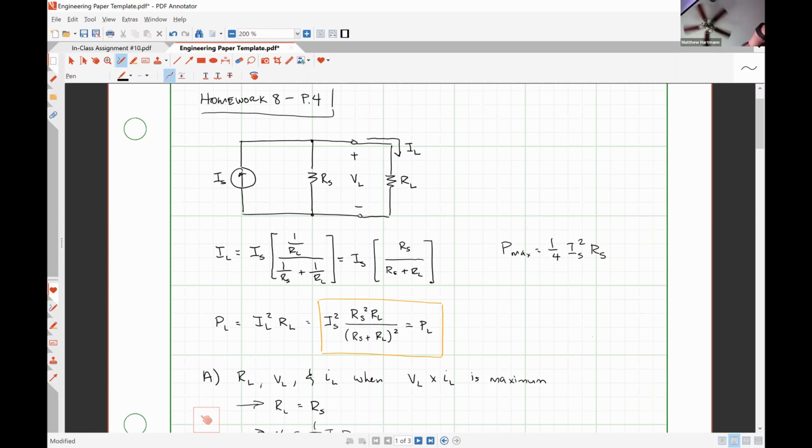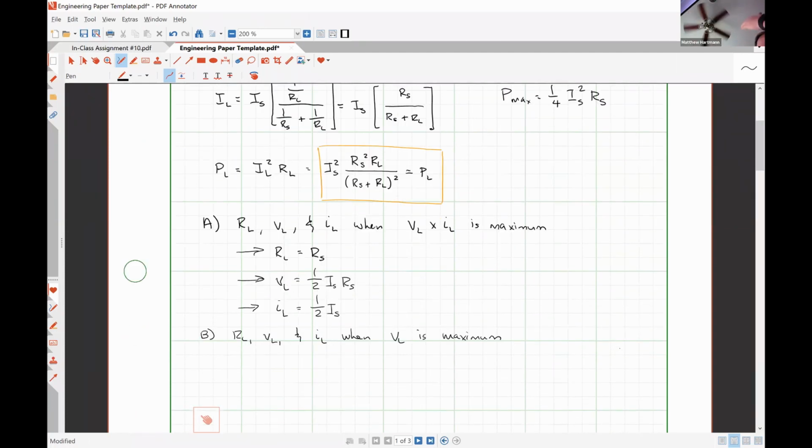Sorry, so it'd be an open circuit then. Right. So if RL is an open circuit, then VL will be at its maximum value because none of the current will split. All of it will flow through that resistor RS. And we can see that VL would be the voltage drop over resistor RS as well.